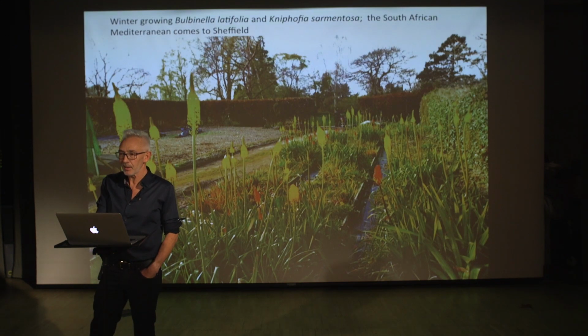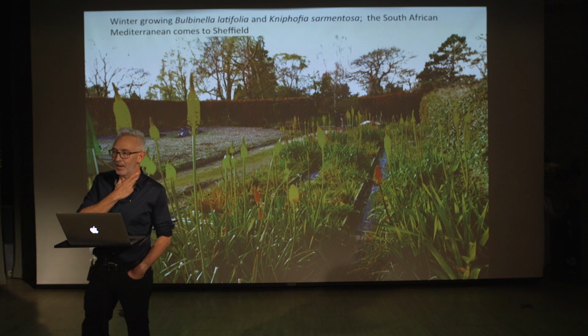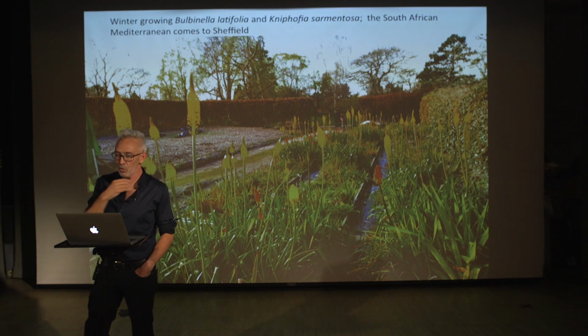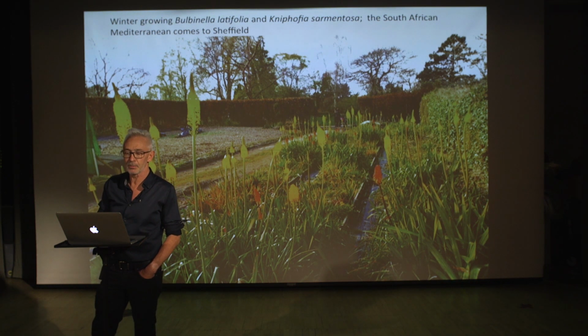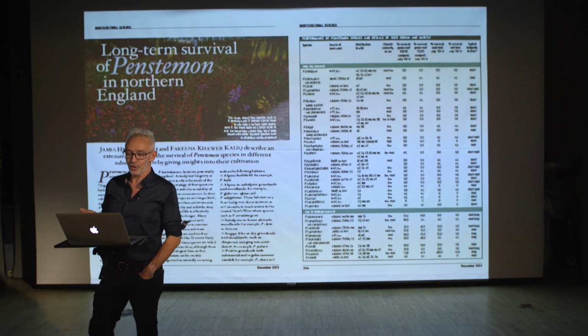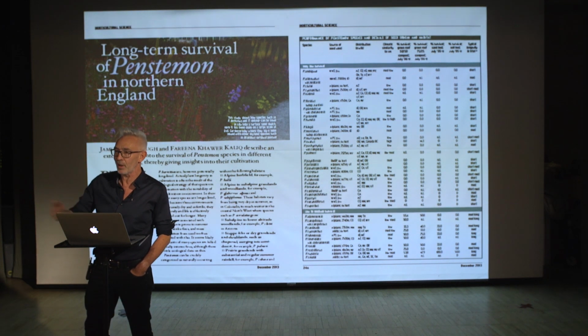So, hey, here we have it. Here we have the survivors. Here we have Bulbinella latifolia in Sheffield, at 53 degrees north, unprotected in winter. And we know about this because we've done the killing, or the not killing, as the case may be. And we've done this with your vegetation too. So we've done lots of studies on penstemon. We've trialed hundreds and hundreds of different species across moisture gradients.